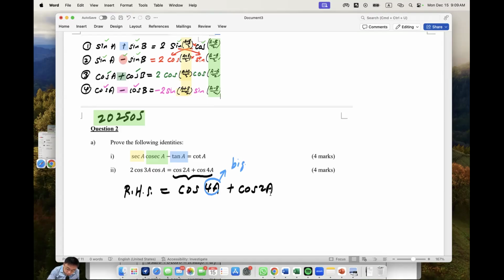Thus, what is the formula for cos plus cos? Cos plus cos, what do we get? You have 2 cosine, cosine, am I right? Then what's next? 4a plus 2a divided by 2.